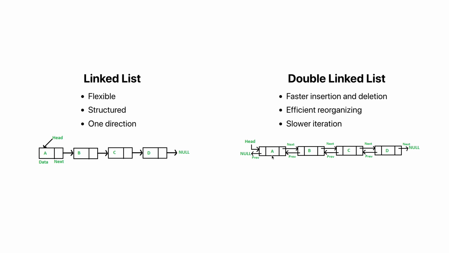That new node is going to have 3 parts: the data part, the previous part, and the next part. The previous and next are just pointing to the previous and next nodes. For that new node, the previous is going to point to null, just like this one, and then the next will point to A if we're inserting at the front. And then we have to make sure that A points its previous pointer to the new node we just created.